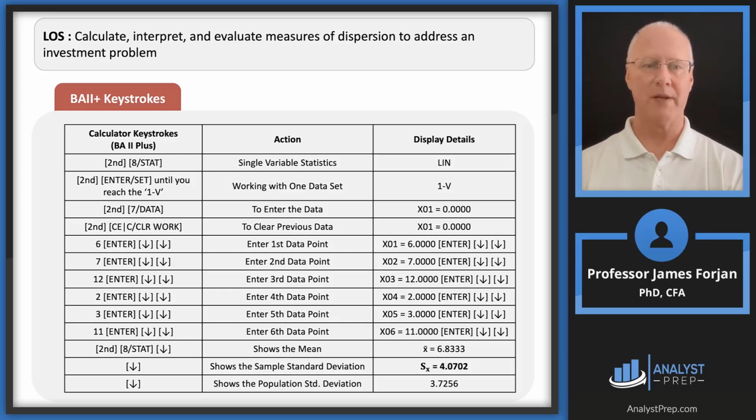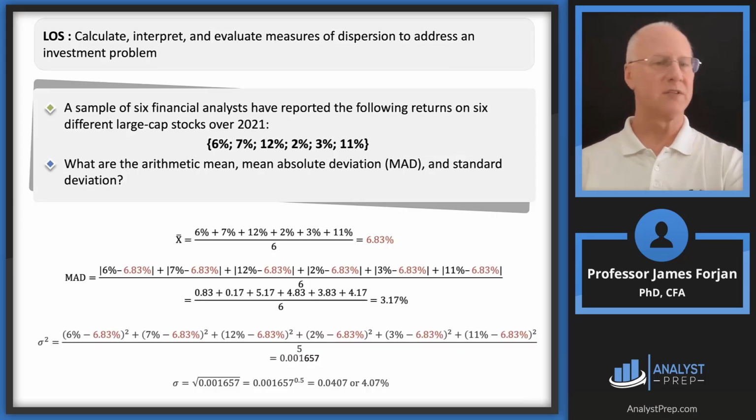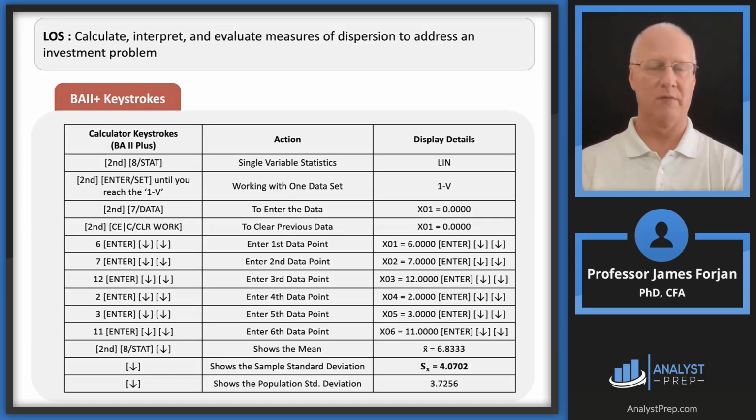And so what will happen is that you will have over on the register, look over in the far right column, you'll have X01 is equal to 0. So your x variable, 6 is going to be X1, 7 is going to be X2, and 12 and so on is going to be all the way up to X06. So you need to make sure that you enter these correctly.